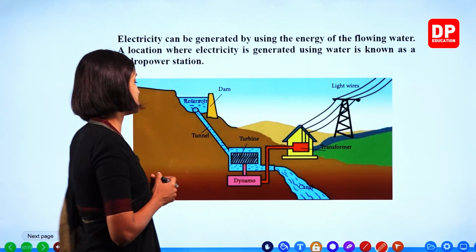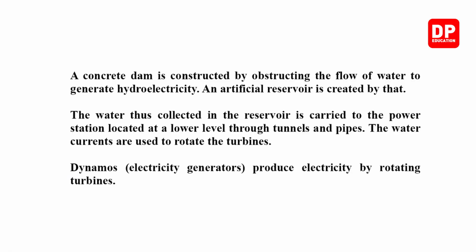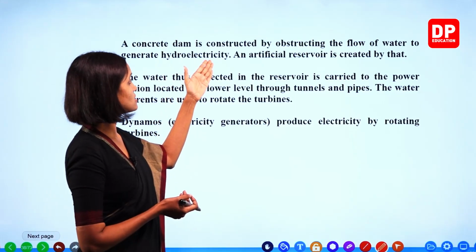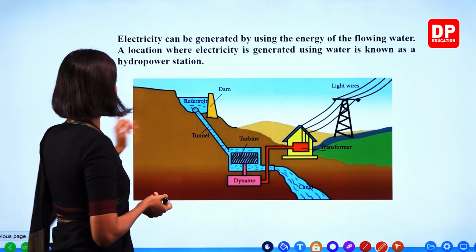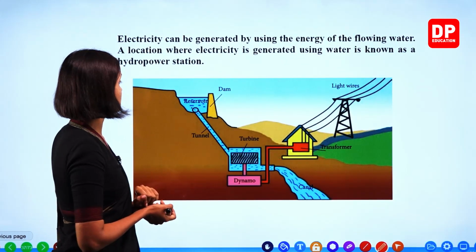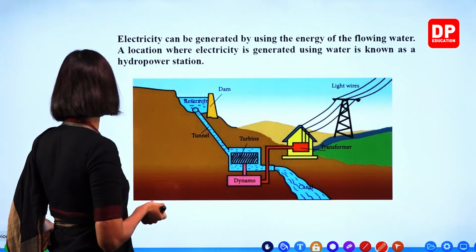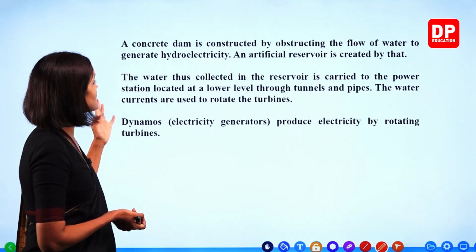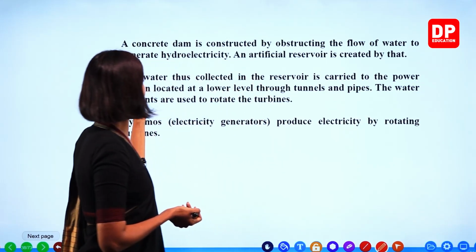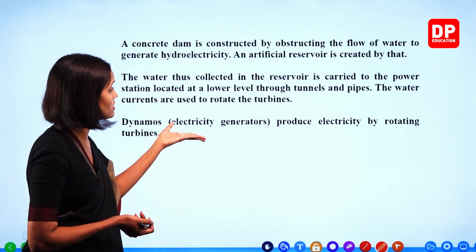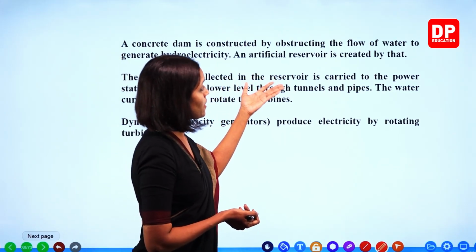Okay children? A concrete dam is constructed by obstructing the flow of water to generate hydroelectricity. An artificial reservoir is created by that. Here this is the concrete dam. The water thus collected in the reservoir is carried to the power station located at a lower level through tunnels and pipes.